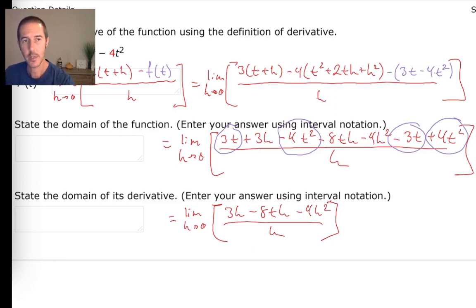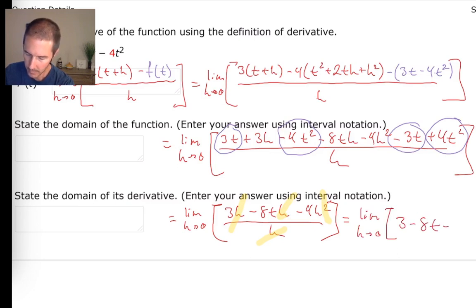The h in the denominator is going to cancel out a factor of h from each of the terms above it. So this h is going to cancel out this h and one of these h's. So I'm just canceling out that exponent there, which means that we can now write this as the limit as h goes to 0 of 3 minus 8t minus 4h.